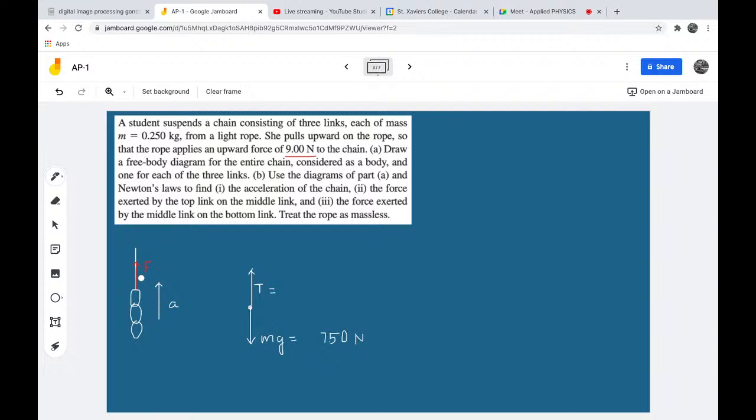If a time period is not there in the problem, you can stick with T as tension. So this is given 9.00 Newton. And I can see that the acceleration is upward.